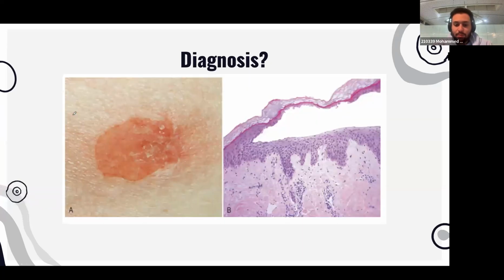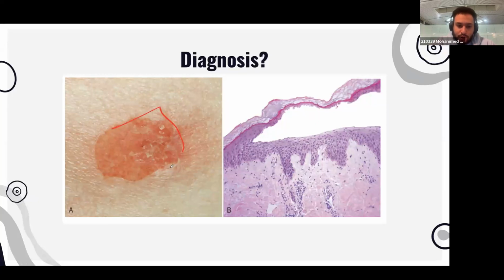Now this is a subtype of another type, which is what? Pemphigus what? Foliaceous. Good. Now here you have erosions.